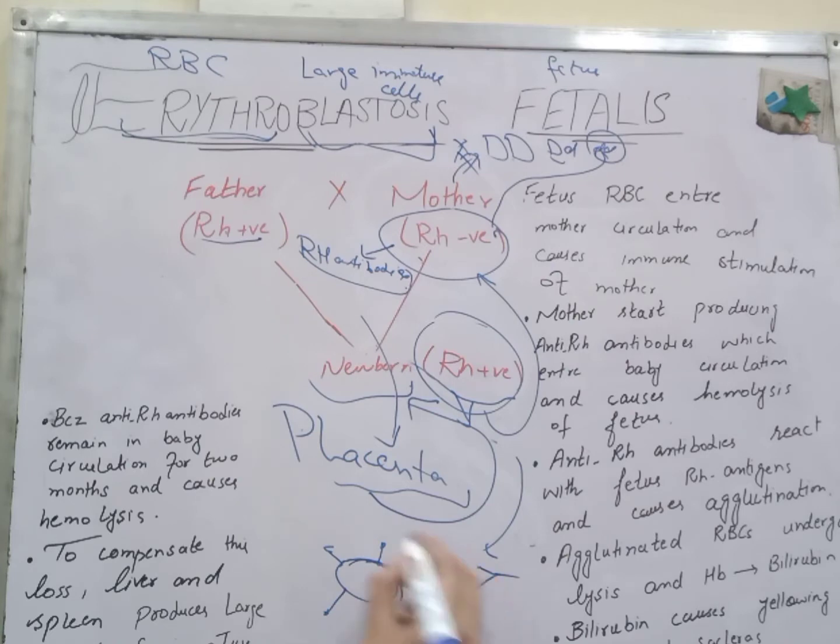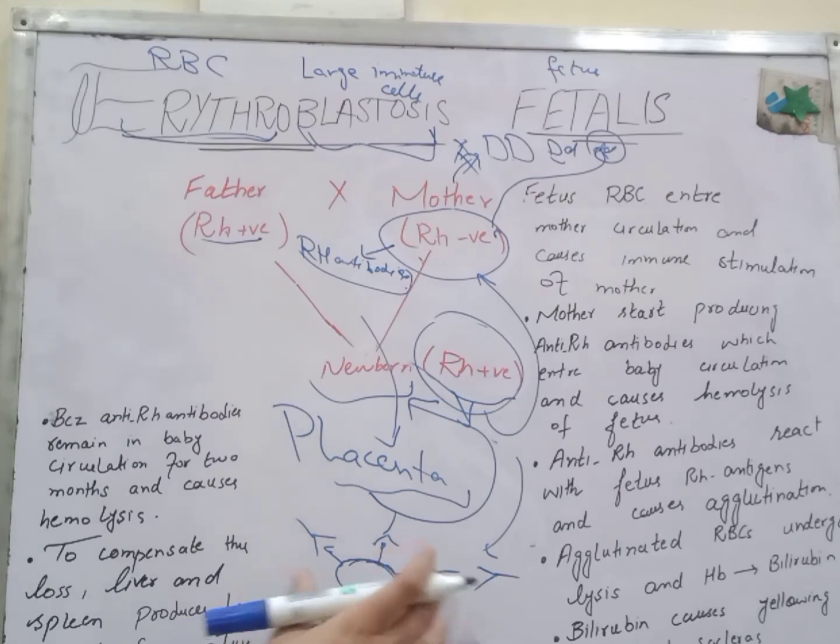This antibody will combine with the Rh antigen on the RBC, and this will cause agglutination of the RBCs of the fetus. After some time of agglutination, the macrophages and monocytes come there and cause phagocytosis. Phagocytosis means that lysis of RBCs takes place.